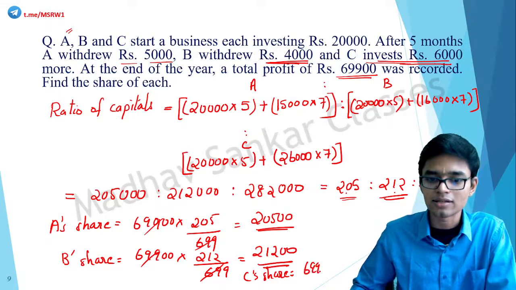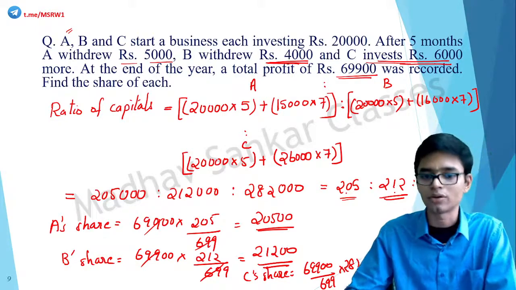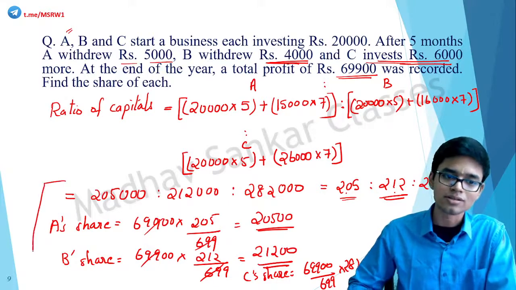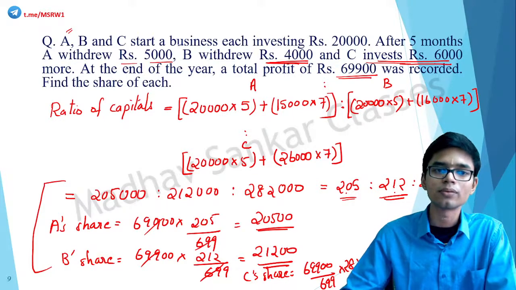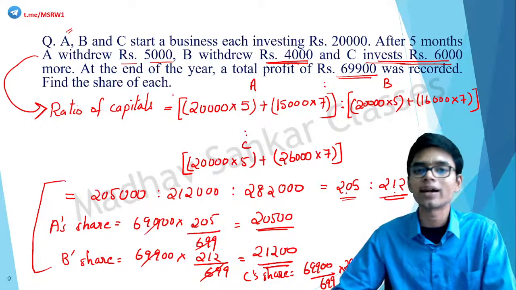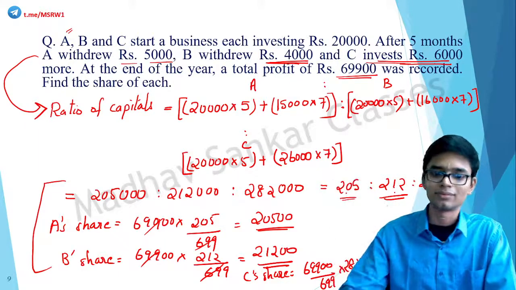So 69900 by 699 into 282 is equal to 28200. I think you can't see that, but I hope you understood. Clear? So these are simple calculations that you can do yourself. The trick is to put this question in terms of the ratio of capitals. If you identify the ratio of capitals correctly, then this is a no-brainer.